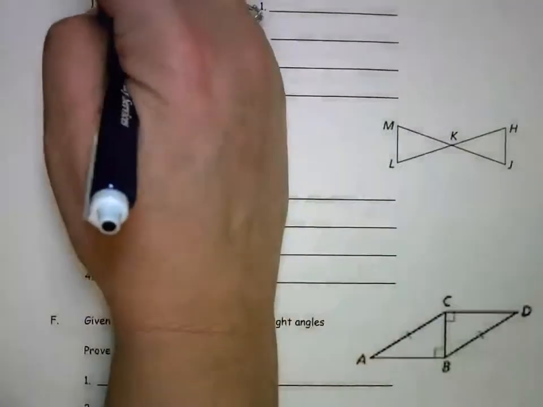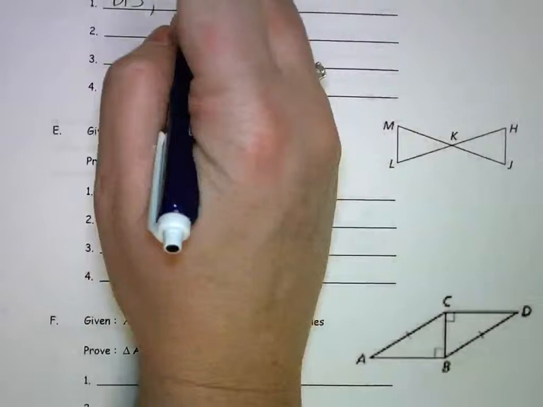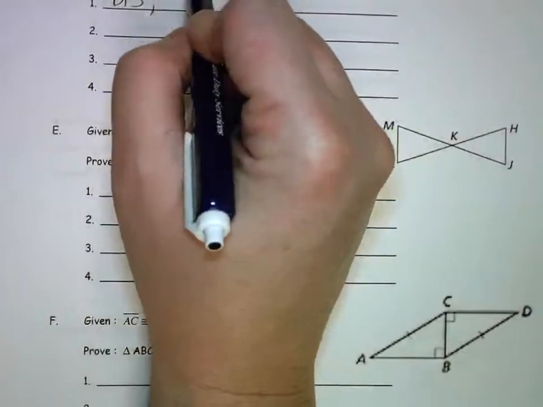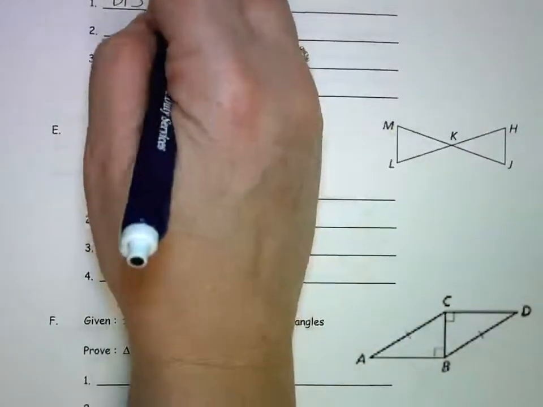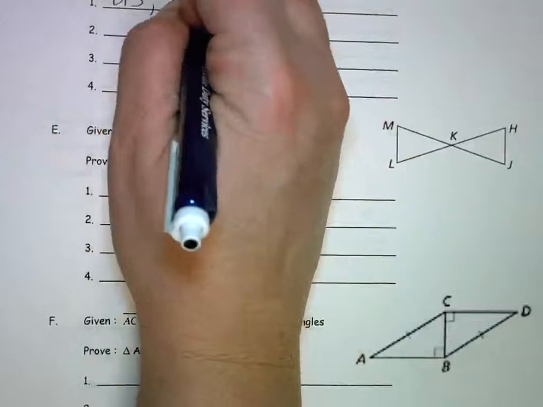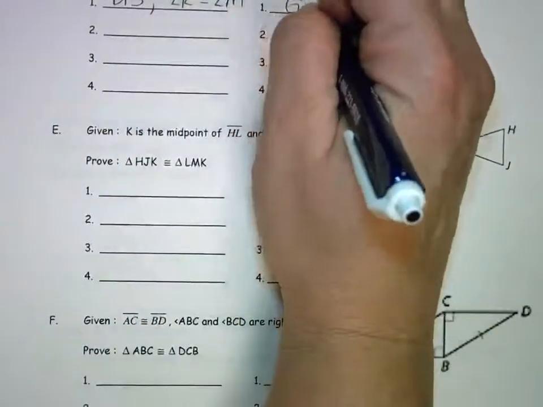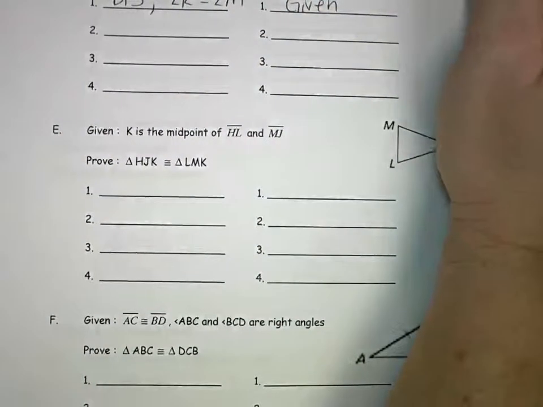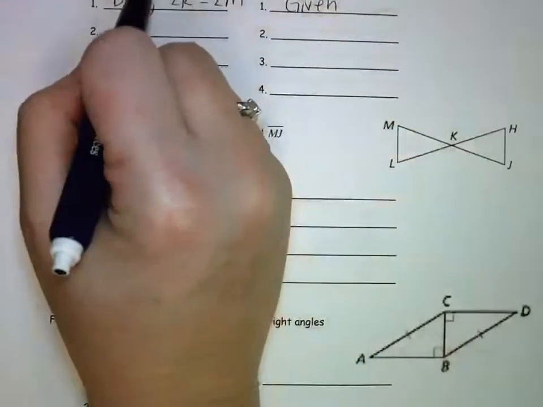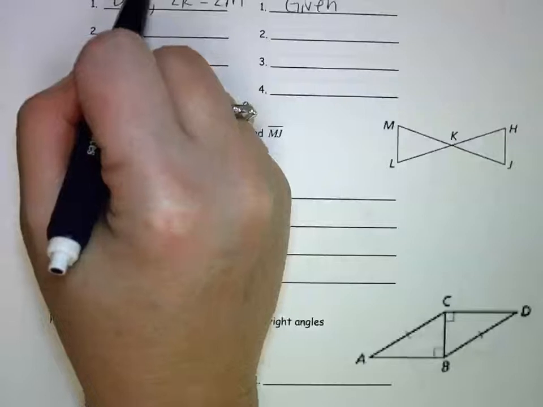Next one, JL bisects an angle. It's an angle that's being bisected. And then angle K is congruent to angle M is our given. So right here, K is congruent to M. And I'm going to look at this bisect.